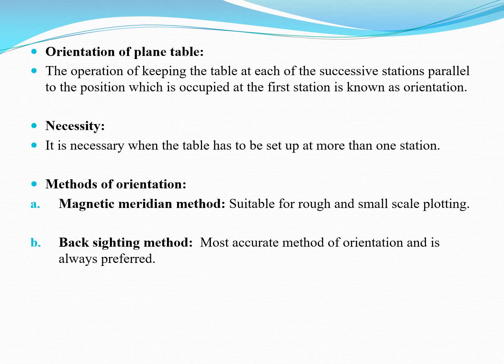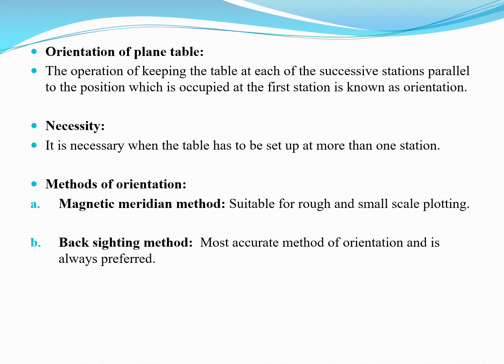Next is the necessity. Orientation is necessary when the table has to be set up at more than one station. If orientation is properly done, the lines on the paper will be parallel to the respective lines on the ground.